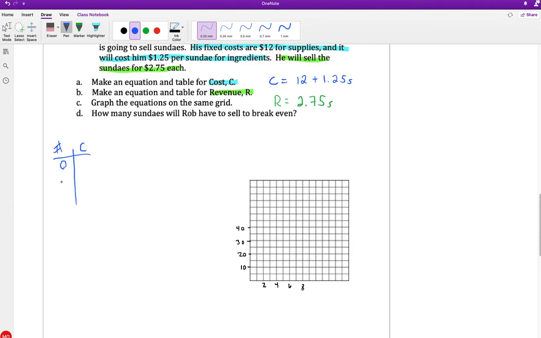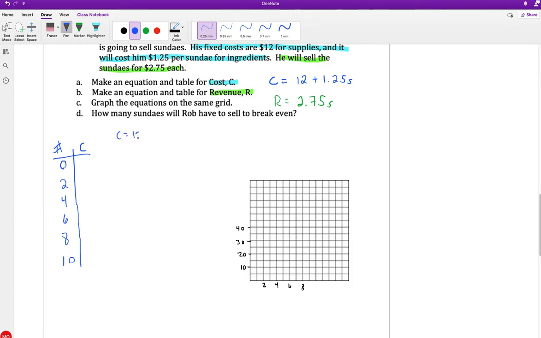Let's go 0, 2, 4, 6, 8, 10. Now realistically, we could just do these two and get a straight line, okay? So let's do that right now.